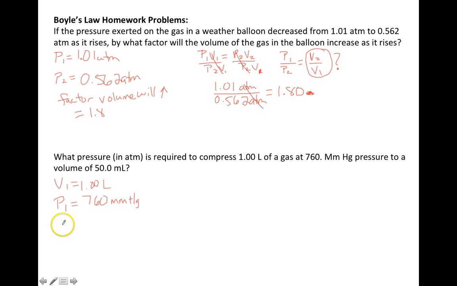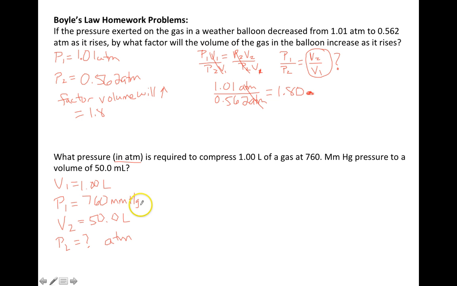And we want to compress it to a volume, V2, of 50.0 liters. So this is Boyle's law. What are we looking for? We are looking for pressure. So P2 is our question mark, and it's wanted in atmospheres.